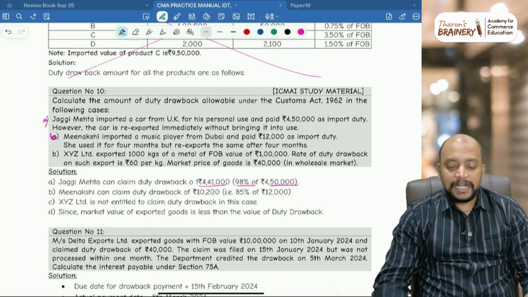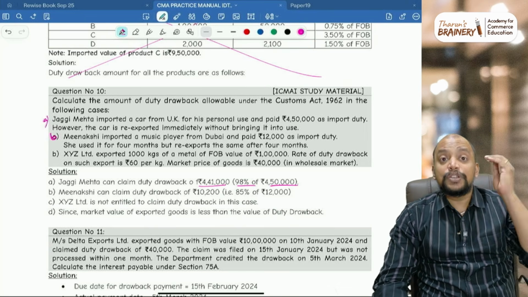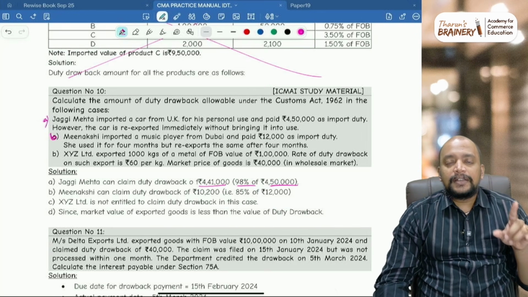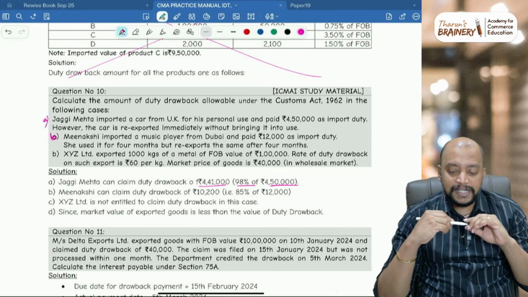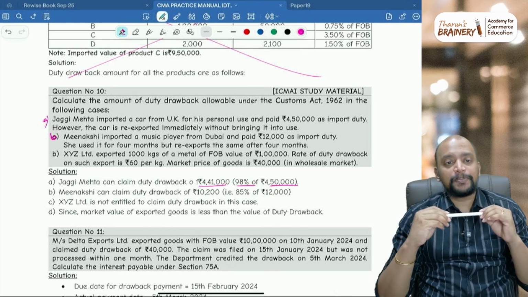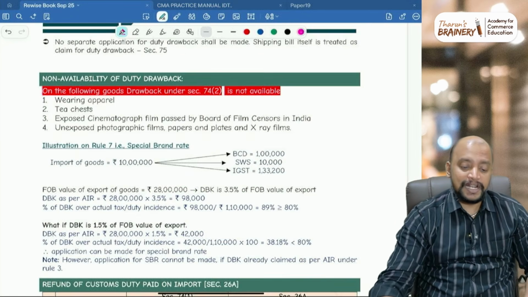B. Meenakshi imported a music player from Dubai and paid 12,000 as import duty. She used it for 4 months and then re-exported. Then any goods imported by an individual for personal purpose. Is it personal purpose or not? Not given. It's not given as personal purpose. Only when it is given as personal purpose, we will be taking this first branch.